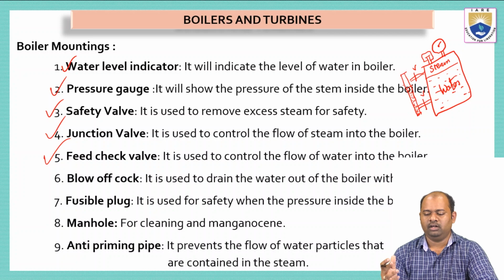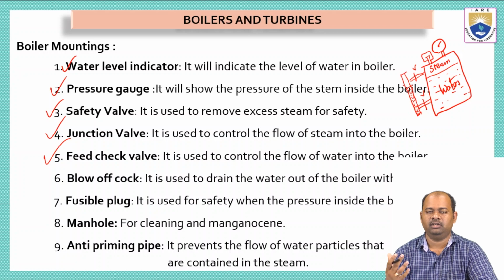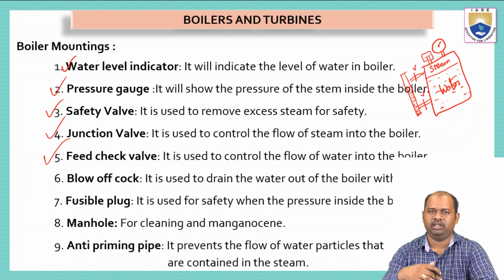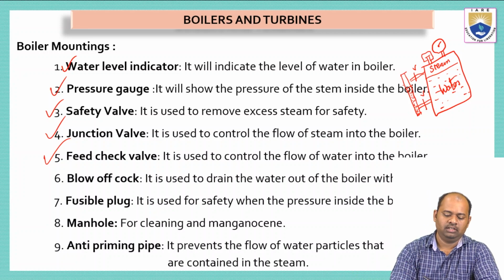In order to maintain the flow of the water into the boiler, we have to use this feed check valve, which will be operated in order to make the water flow into the boiler tank. This is simply a boiler valve which is opened to make the water flow into the boiler.